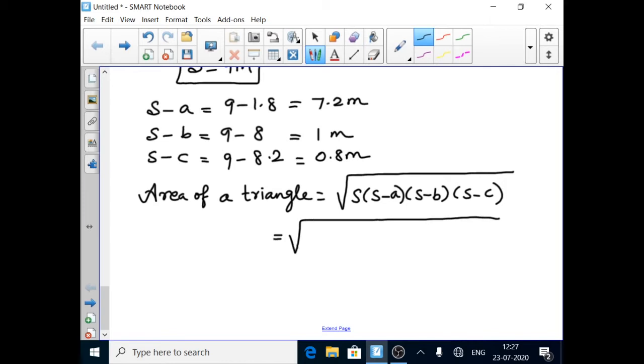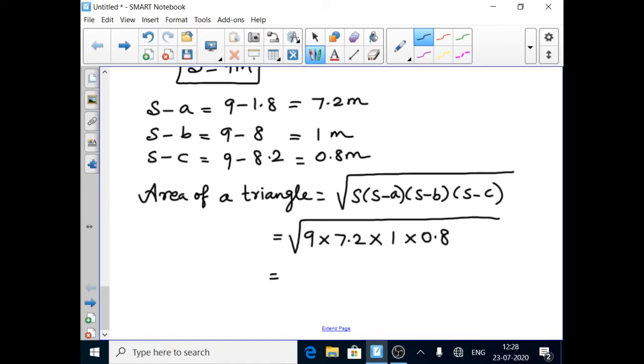S is equal to 9. So 9 into S minus A. S minus A is equal to 7.2. Then S minus B is equal to 1. Then S minus C is equal to 0.8. Okay, so here we have decimals. So we want to multiply first, then we can take the square root.